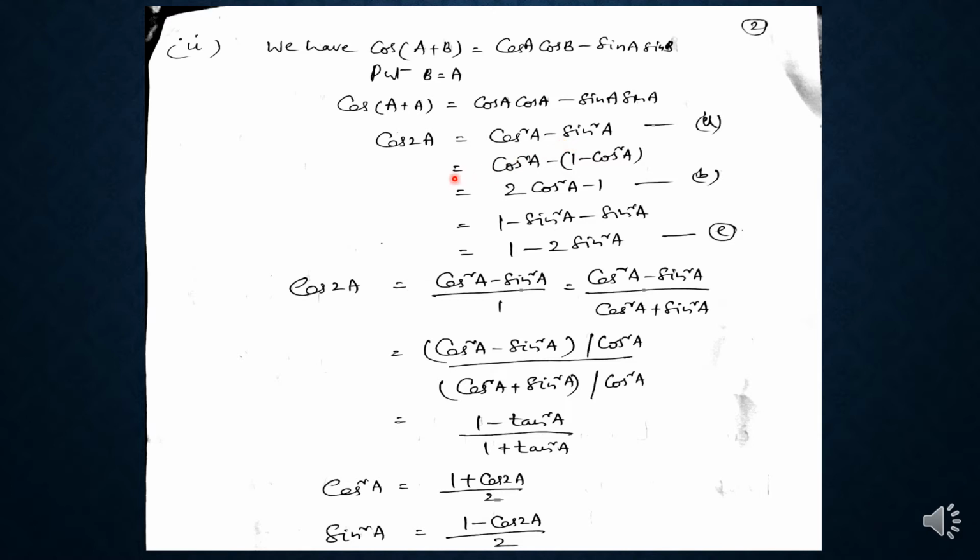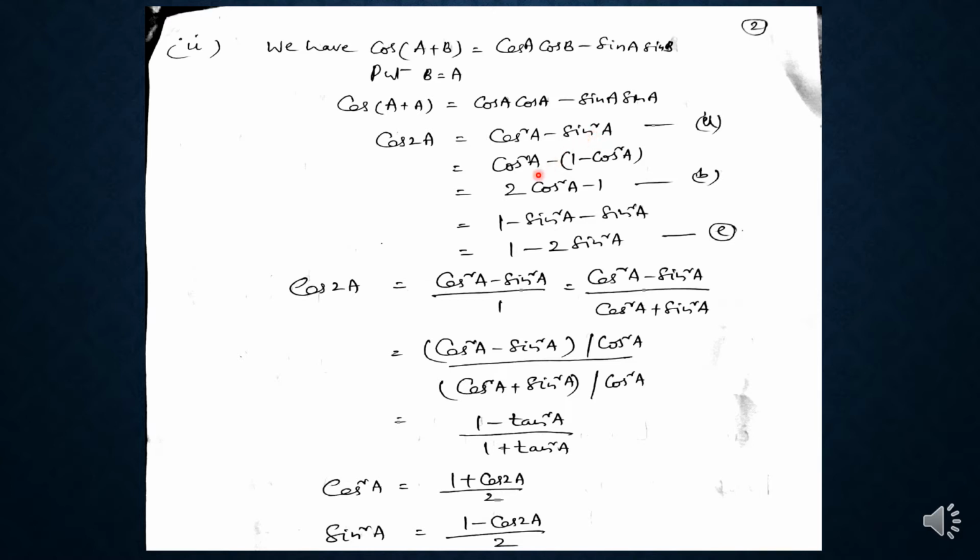And in terms of only cos, we can write sin square a as 1 minus cos square a, because we have the identity sin square a plus cos square a is equal to 1. From that we can write sin square a is equal to 1 minus cos square a.